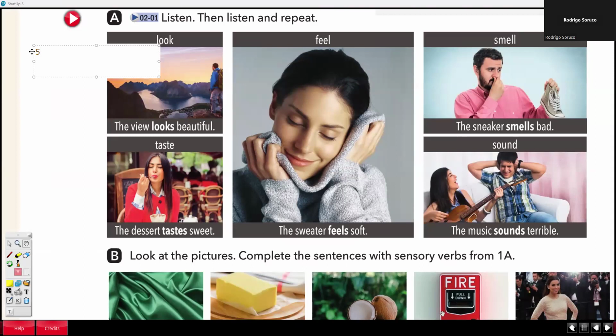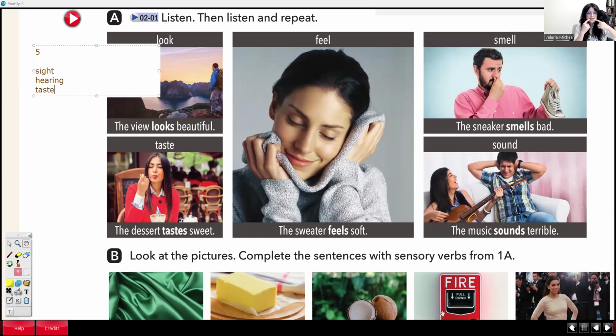Five senses. What are the senses? Tell me the senses in English. We have sight, we said that. What else? Ear. Taste. Oh, taste, that's a good one.